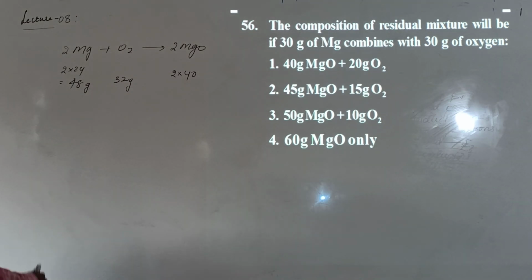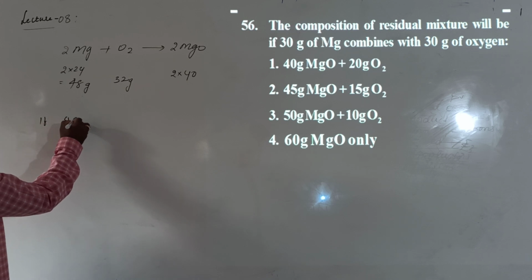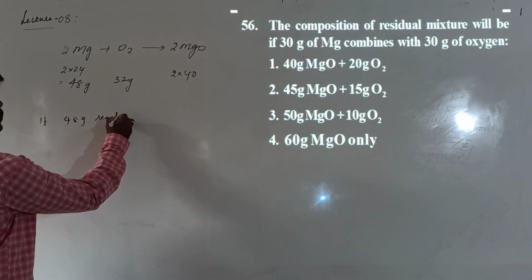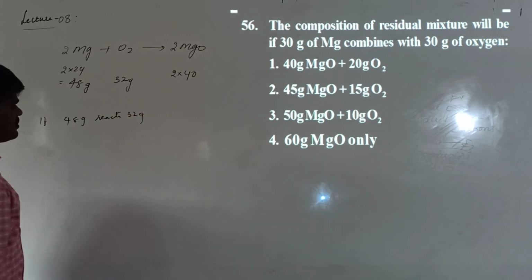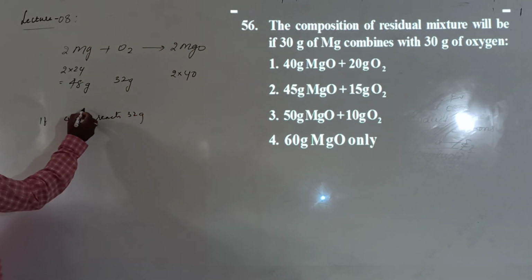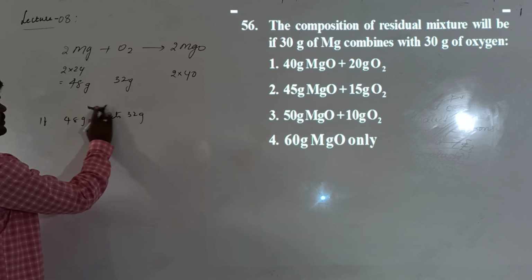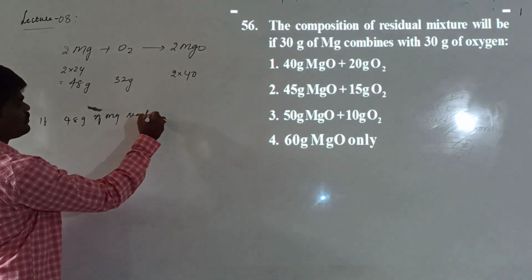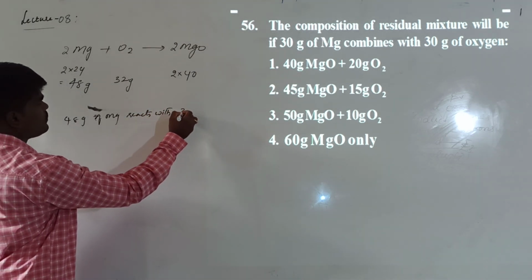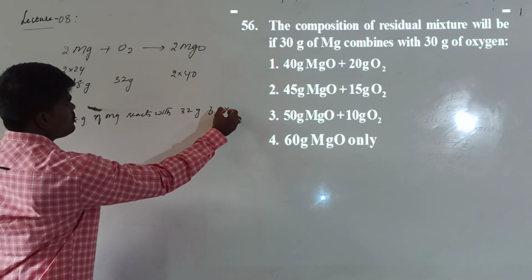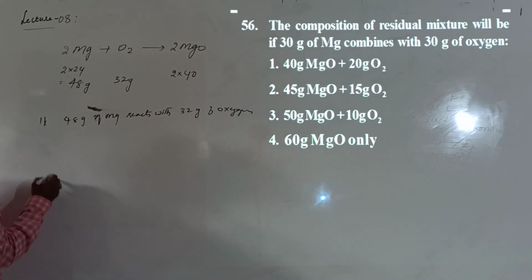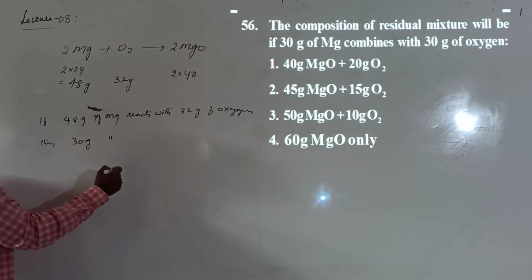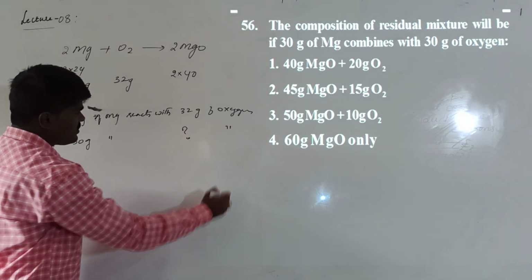So if 48 grams of magnesium reacts with 32 grams of oxygen, then 30 grams of magnesium reacts with how many grams of oxygen?